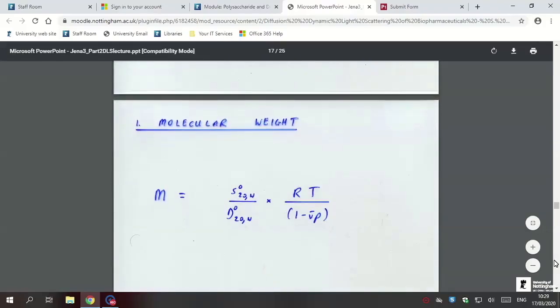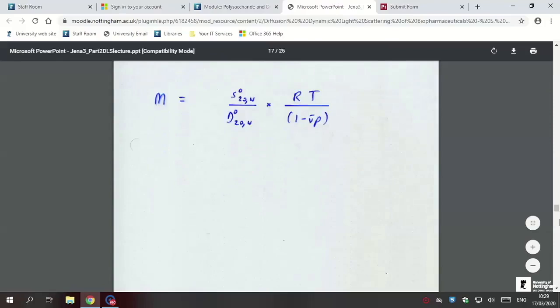Molecular weight. This is called the Svedberg equation. That's the sedimentation coefficient. That's the diffusion coefficient. That's the specific volume. You know all these are all friends. So we get the molecular weight if you know the diffusion coefficient and the sedimentation coefficient.